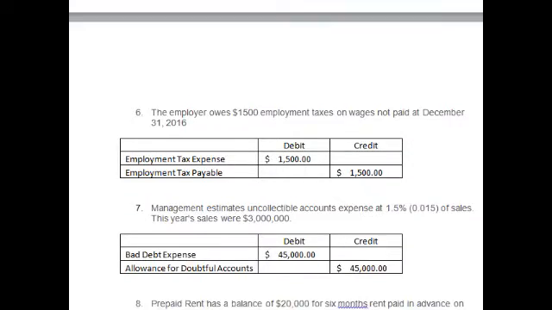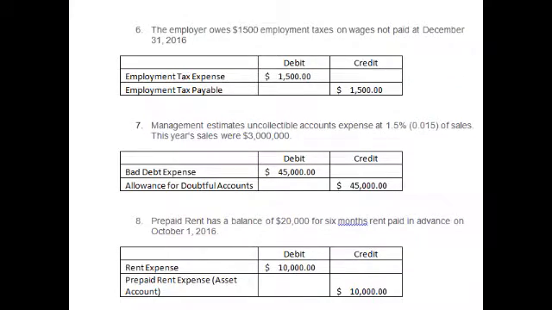Number 6, the employer owes $1,500 employment tax on wages not paid at December 31st, 2016. Again, right now we are just assuming $1,500. That's our employment tax that's owed by the employer. We are not considering the amount that was withheld on behalf of employees.